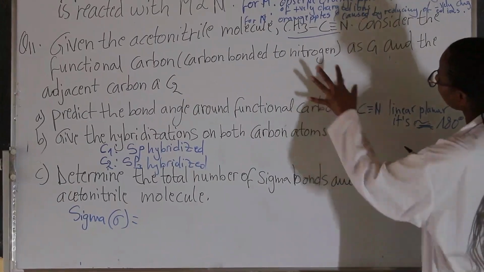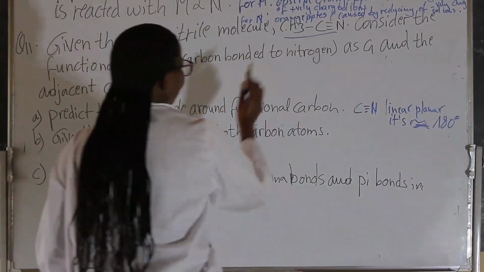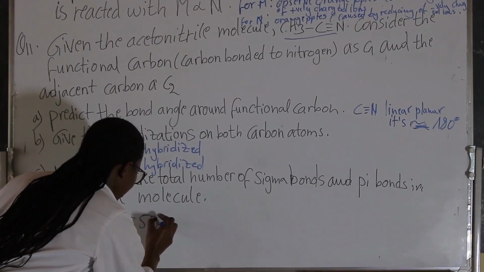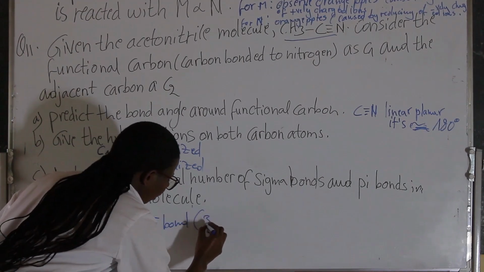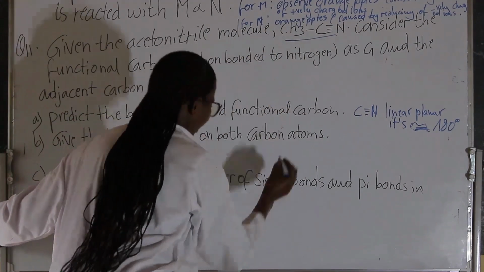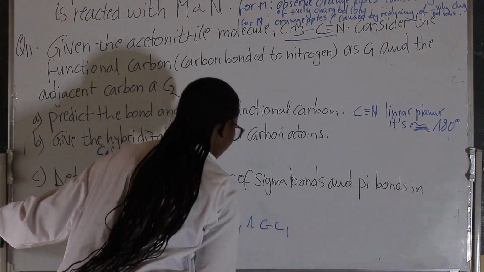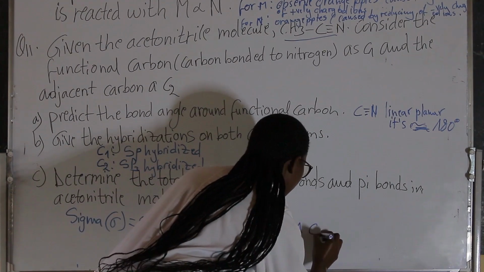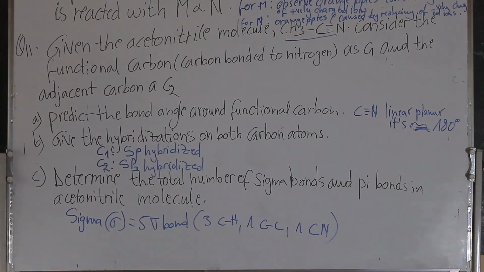We have 3 from C-H, we have also 1 from C-C, and then we have 1 from C-N, which equals 5 sigma bonds.